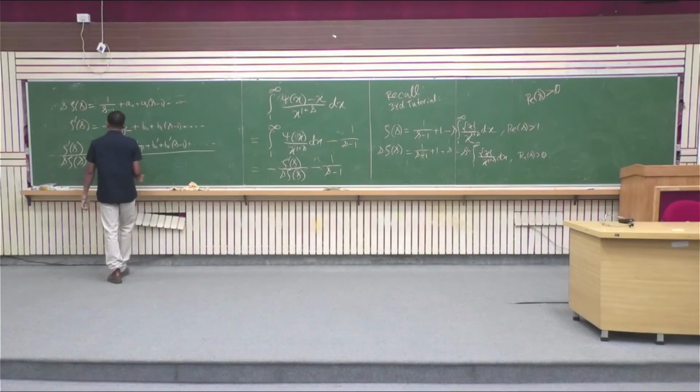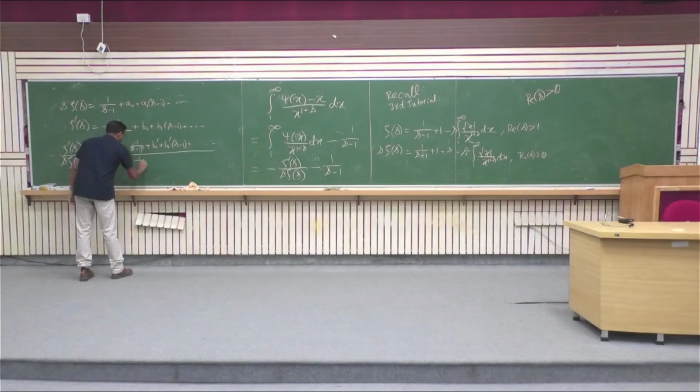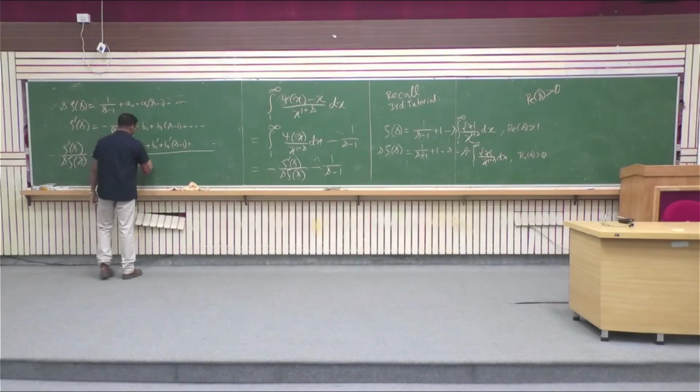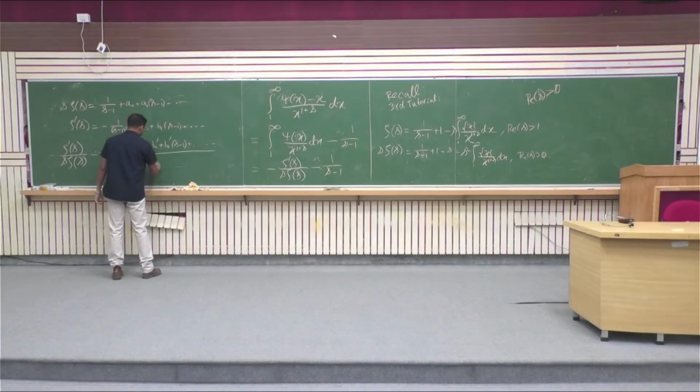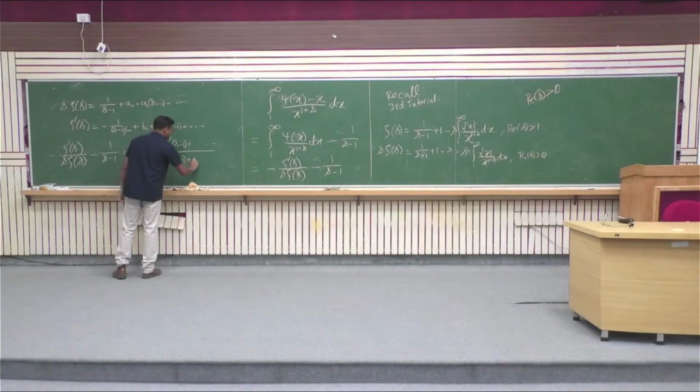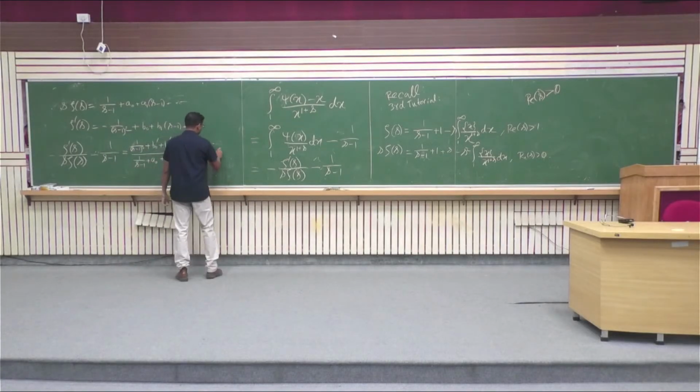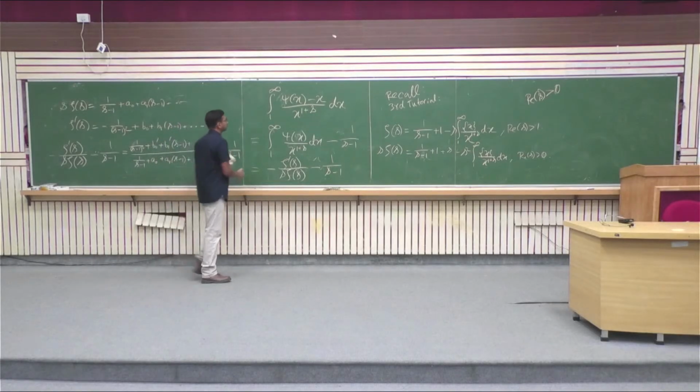This divided by this expression 1 by s minus 1 plus a0 plus a1 times s minus 1 plus dot dot dot. This minus 1 by s minus 1, right?